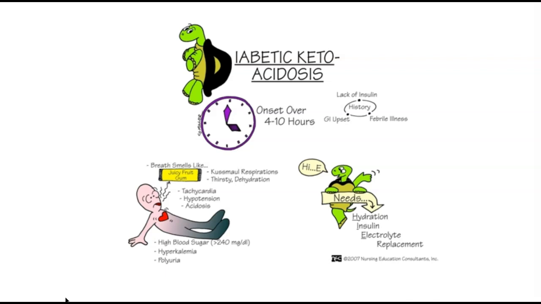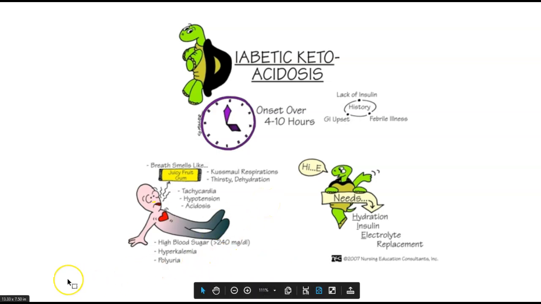And so what do they look like? Most of the time, their heart rate is up, their blood pressure is low, and when you check their ABG, or arterial blood gas, it will show that they are acidotic, so the pH level of their blood is really low, and their blood sugar is really high, usually greater than 240, 250.